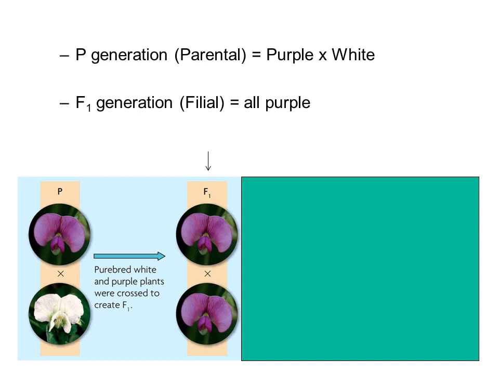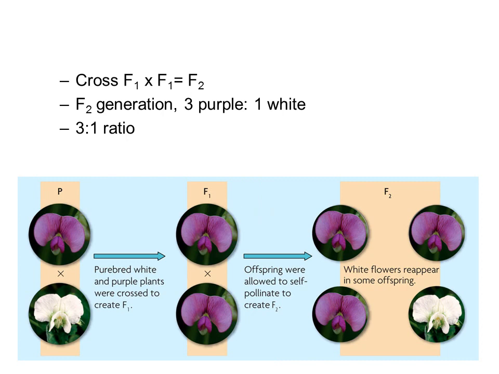The offspring, or the babies, will be called the F1 generation, the filial. The filial, or the babies, would all be purple. Now, if we take two babies and cross them with themselves, you produce an F2 progeny or an F2 generation.